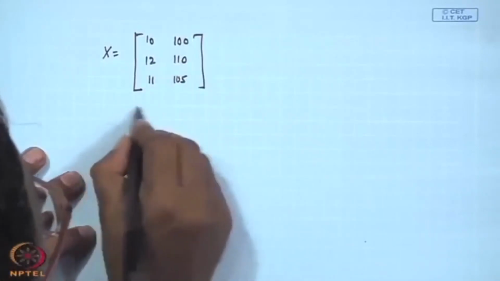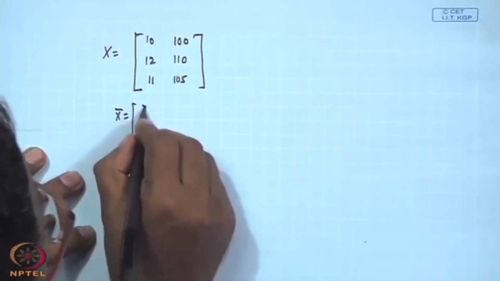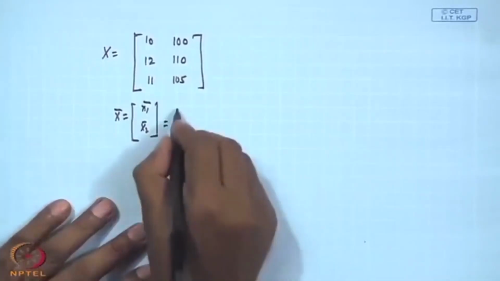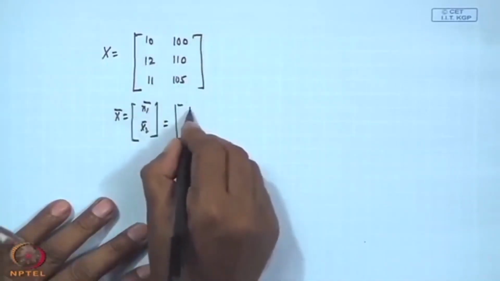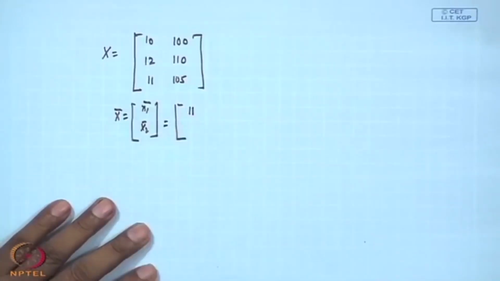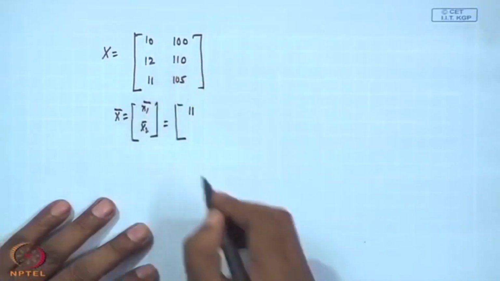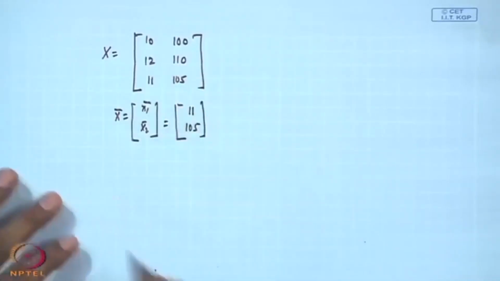What will be x̄, that is x̄_1 and x̄_2? It will be (10 plus 12 plus 11) by 3, which is 11, and (100 plus 110 plus 105) by 3, which is 105.